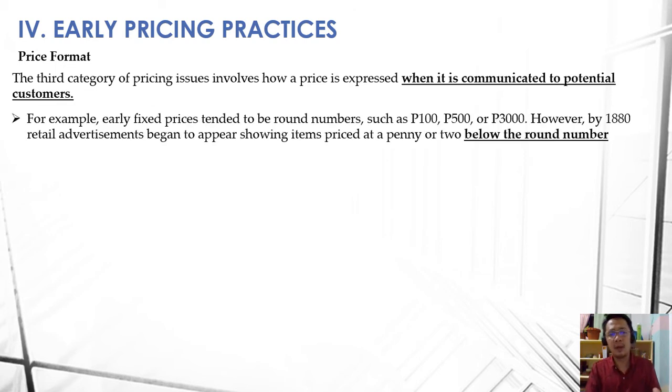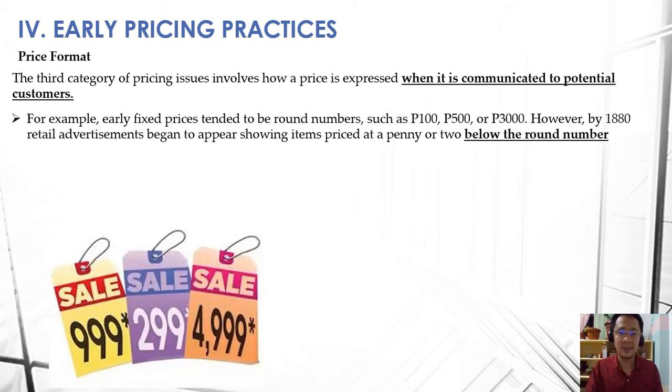For example, early fixed prices tended to be round numbers such as 100 pesos, 500 pesos, or 3,000 pesos. However, by the 1880s, retail advertisements began to appear showing items priced at a penny or two below the round number. So, are you familiar?